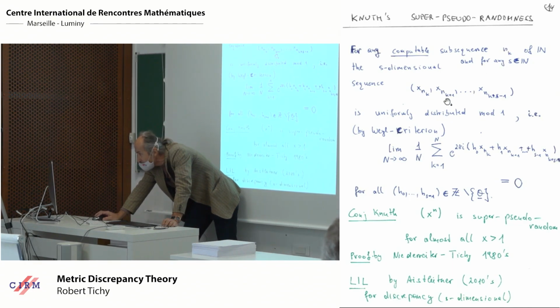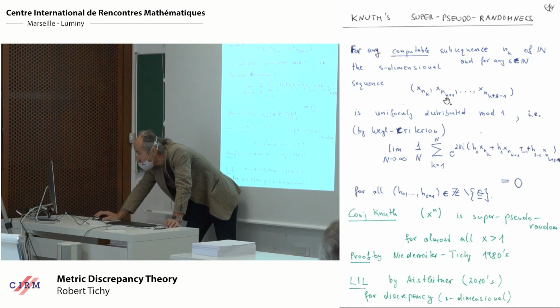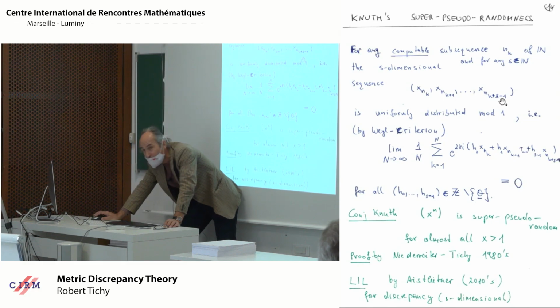The second coordinate is x_{n_k+1}. So I shift the subsequence one step further, and I do that s steps. So the s-th component is x_{n_k+s-1}.